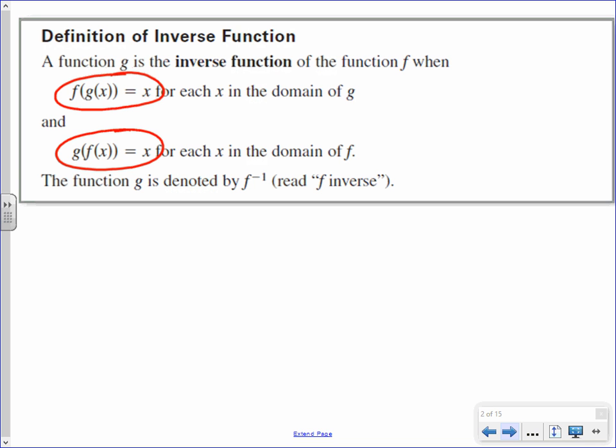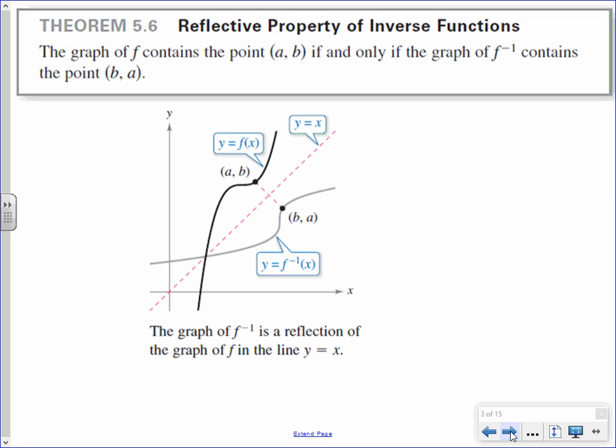Then let's talk about numerically and graphically both together. Sammy said that from the function to the inverse, the xy coordinates are just going to switch from xy to yx. And then Isaac reminded us that our graph reflects across the line y equals x because our x's and y's are switching. So if we have a curve that has a point AB, then on its inverse we have BA.